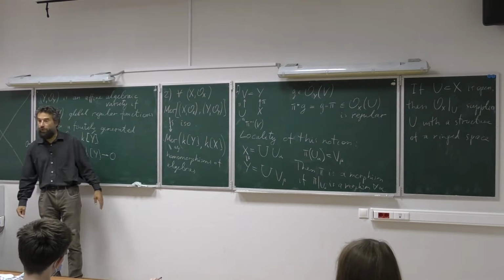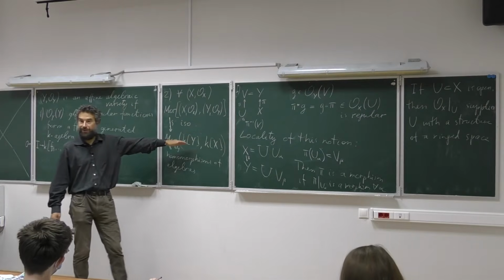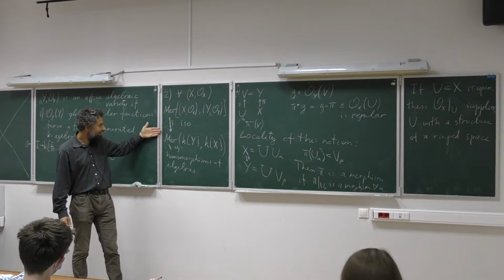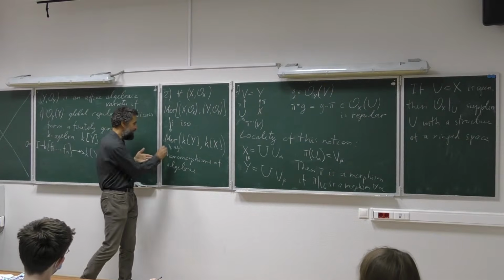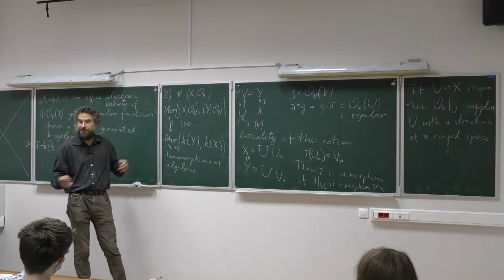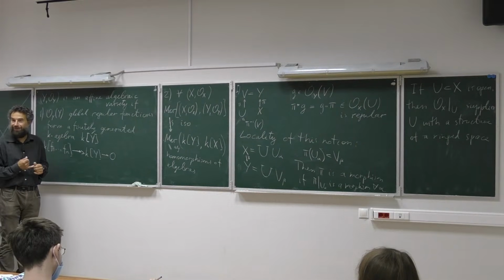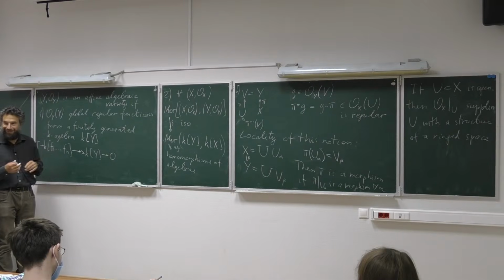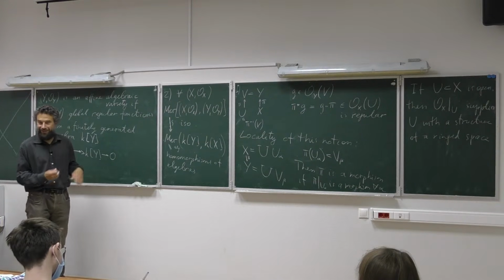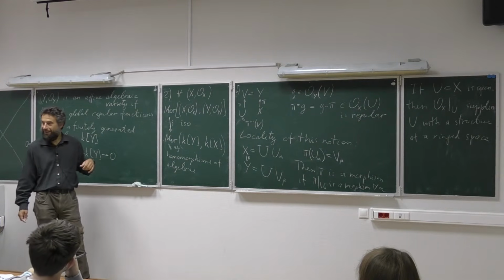That all the morphisms from X to Y are uniquely reconstructed from their action on the global regular functions. Well, it's an abstract definition. Well, at least we gave some definition, and it will be easy to work with somehow.